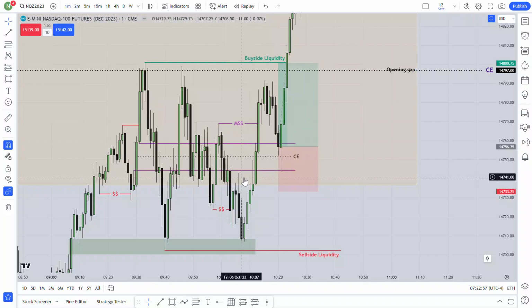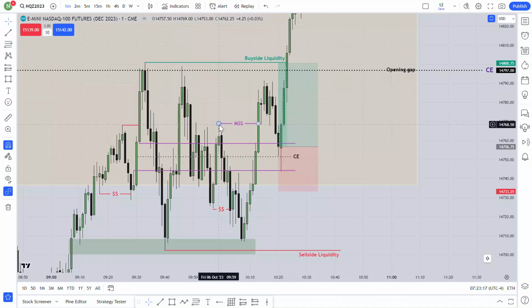If you look at this swing high, it is not my shifting market structure because the reason is the same: no fair value gap and no swing high on both sides which is lower than this swing high. But this one has. I mean, this is not the highest high, because you see these highs are higher than this high.